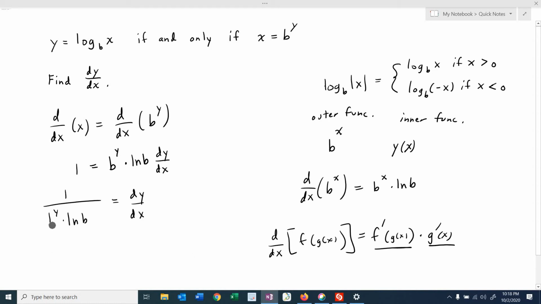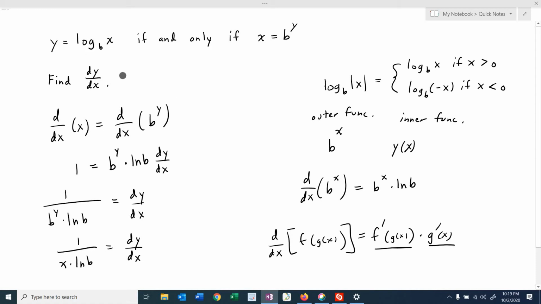Then we're going to go ahead and replace this b to the y. B to the y is the same as x. Now it's a function of x. Okay, so dy dx is actually 1 over x times the natural log of b, which, of course, y is equal to this logarithmic function with the base b.